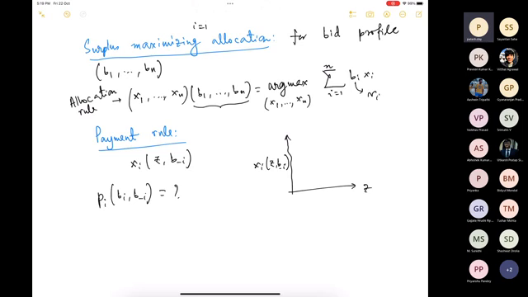To define this, I need to look at the allocation rule xi. I am invoking Myerson's lemma because it is a single parameter environment, and the allocation rule is surplus maximizing, which is a monotone allocation rule. So here let me write, check the above allocation rule is monotone.